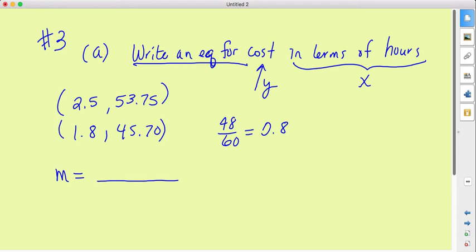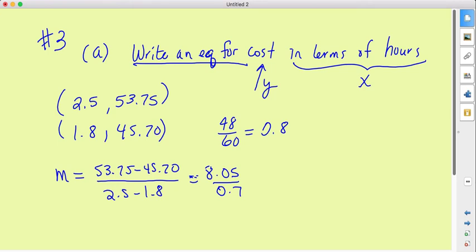Okay, which in this one it's totally logical which order to subtract these in. Yeah, the 5375 minus 4570 over the 2.5 minus 1.8. So that's $8.05 there, and divided by 0.7.